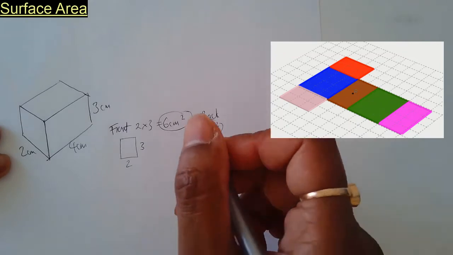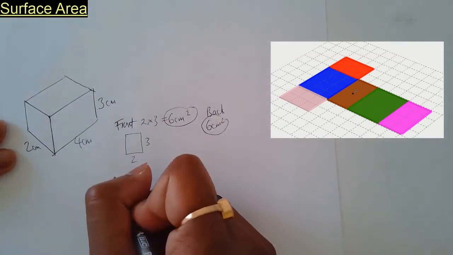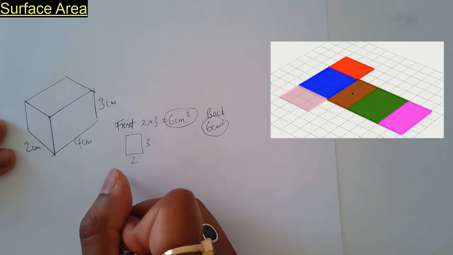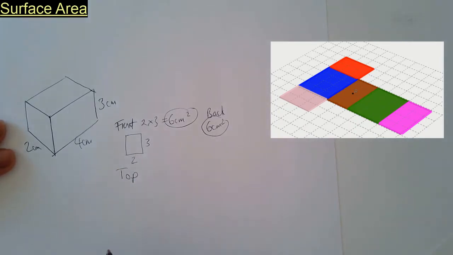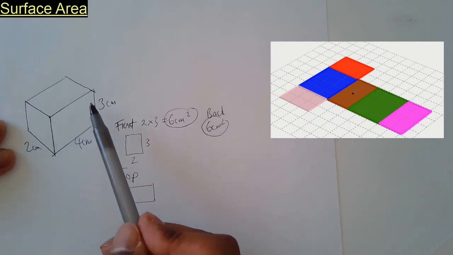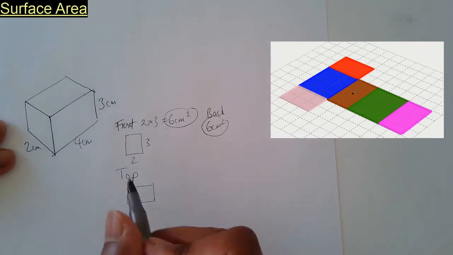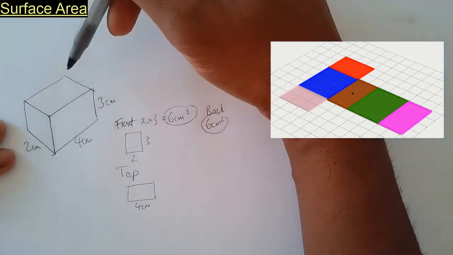So we've done the front and the back. Let's do the top. This is 4. What's this then?